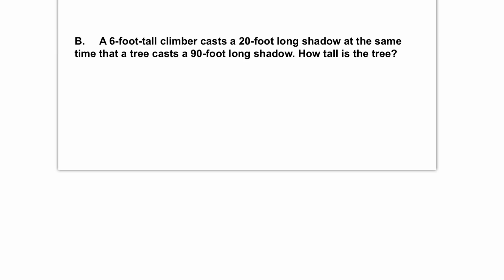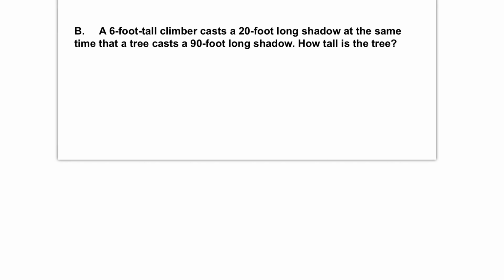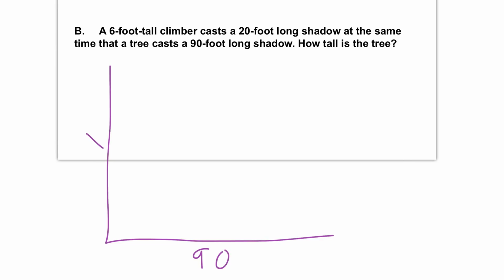Example 5b, again we want to draw a nice picture. So a 6-foot tall climber casts a 20-foot long shadow at the same time that a tree casts a 90-foot long shadow. So you have a tree casting a 90-foot shadow, and they want to know how tall the tree is.